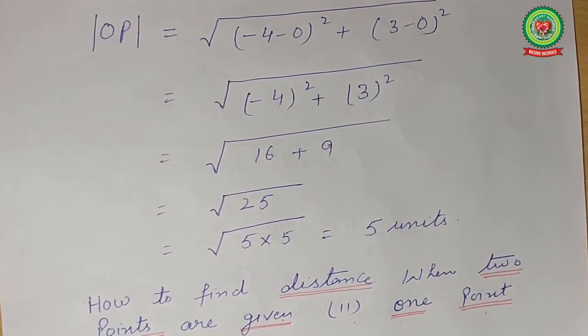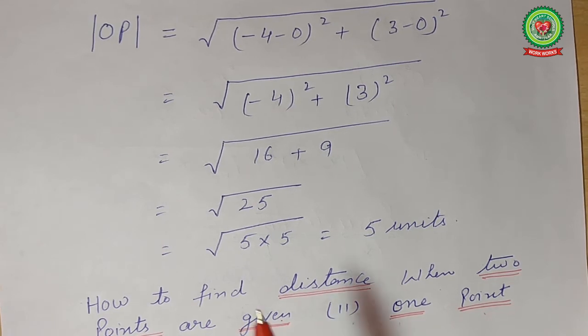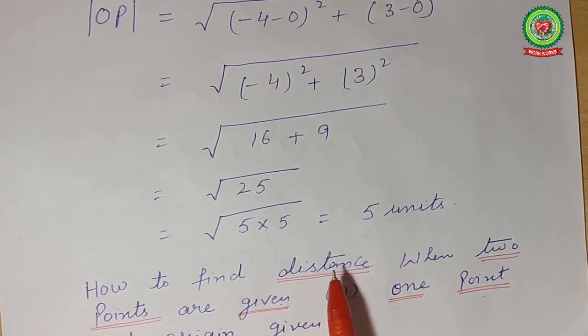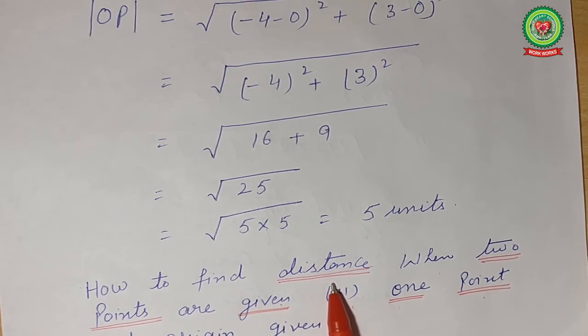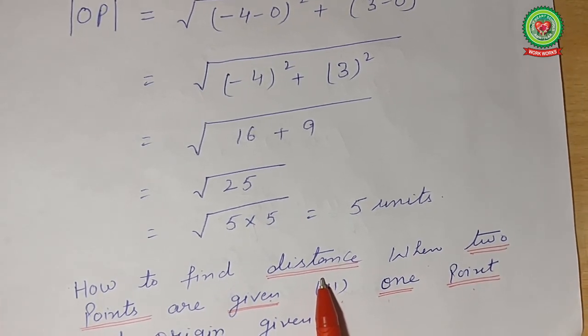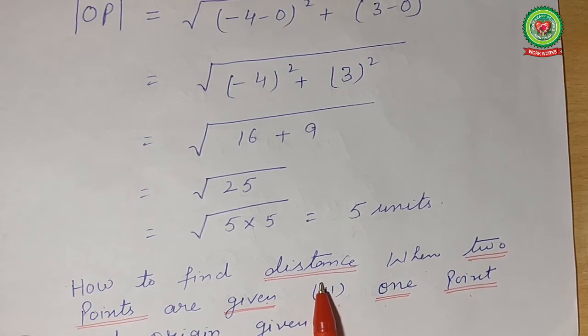Now let's recall what we have done related to the topic till now. In our previous lecture, we learned how to find the distance when 2 points are given. We have also learned a new formula called the distance formula, and where it is applicable: when points are given and we have to find the distance.